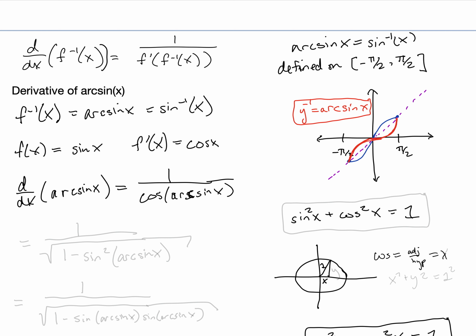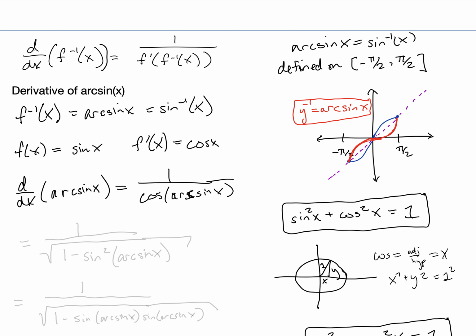So that's just x. And similarly, sine is just y, the opposite over the hypotenuse. And we know by the Pythagorean theorem that x squared plus y squared is equal to the length of the hypotenuse squared. So that's 1 squared. So sine squared x plus cosine squared x is equal to 1. That's a really useful trig formula to know.